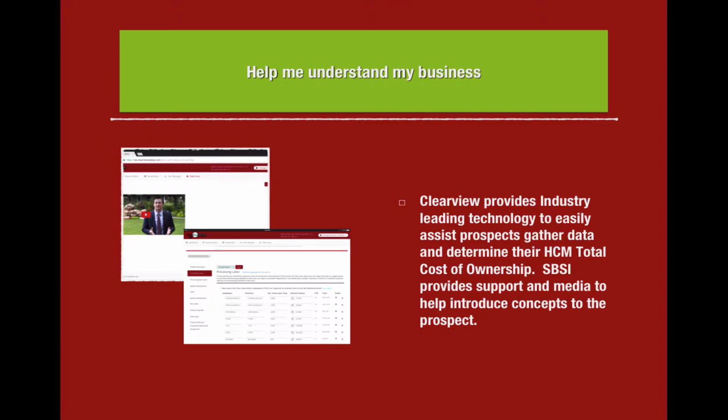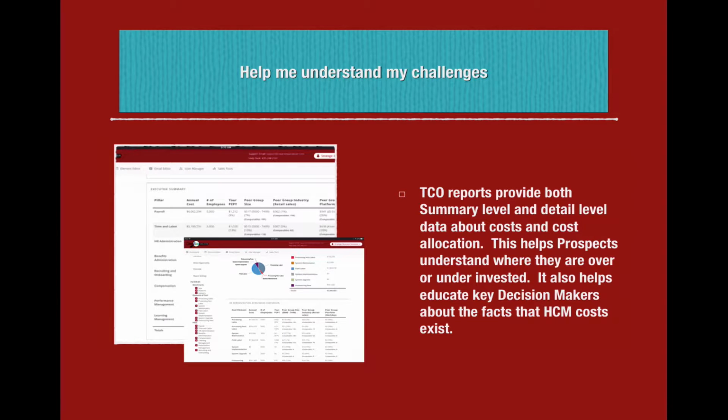SBSI provides support and media to help introduce concepts to the prospect. I'll show you that as we get into the training here. And then helping them understand their challenges at the end of all of this, when we produce the total cost of ownership report, we provide summary level and detail level data about costs and cost allocation.